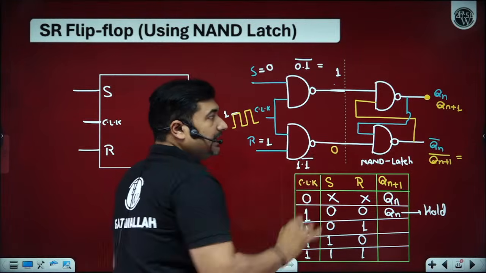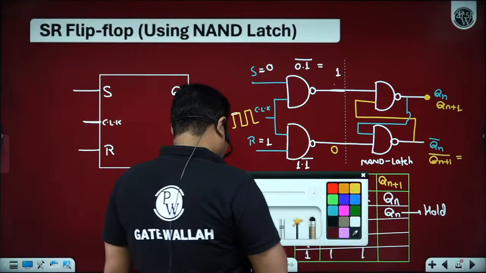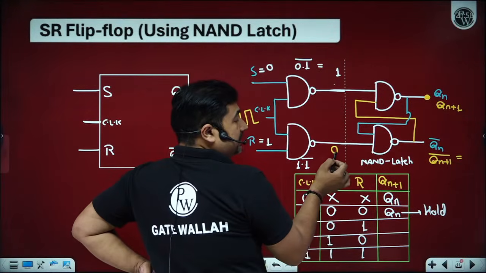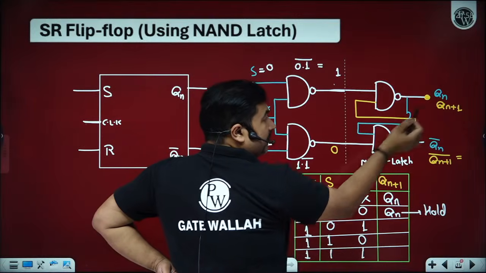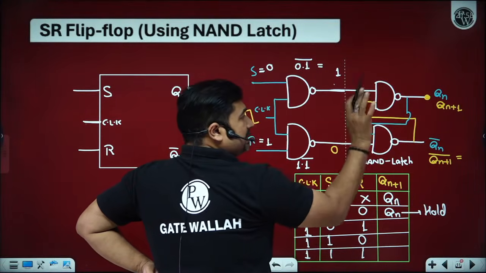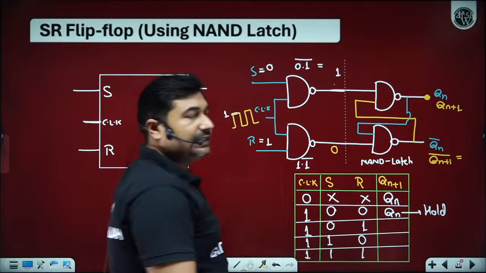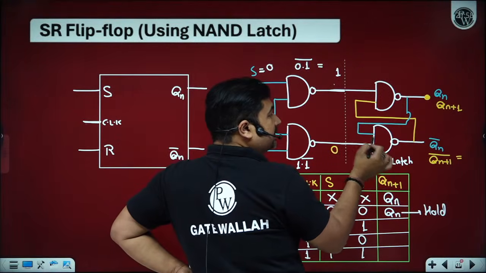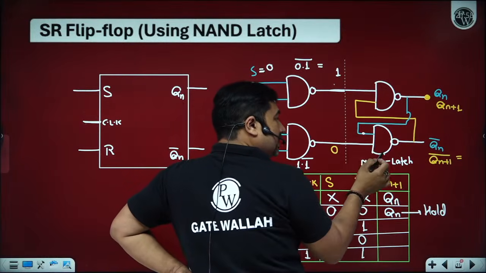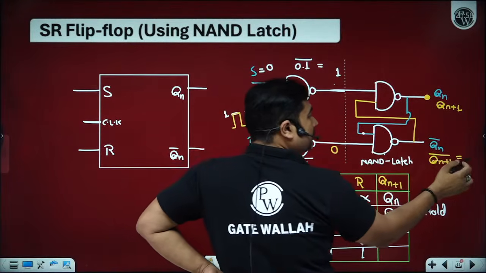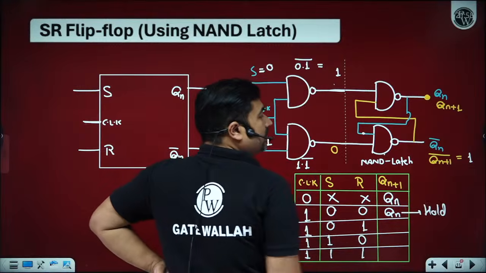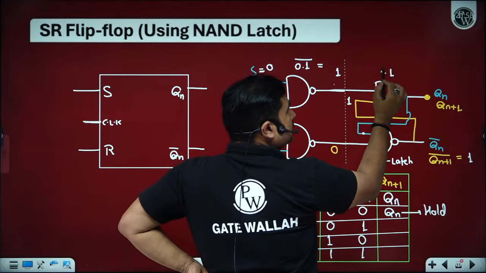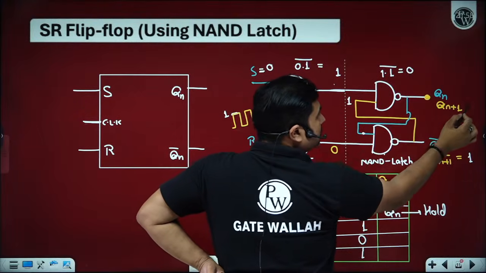If any one of the inputs of the NAND latch is 0, then always the output follows 1, because for a NAND gate 0 is the disabling input. 0 multiplied by whatever will be your input Qn, it doesn't matter. We are interested to find out the next state Qn plus 1. So if this is 0, 0 multiplied by anything is 0, whatever the value of Qn. 0 into Qn is 0, its complement is 1. So Qn plus 1 complement stabilizes to 1. This 1 will come here. 1 into 1, its complement will become 0. So this will become 0.